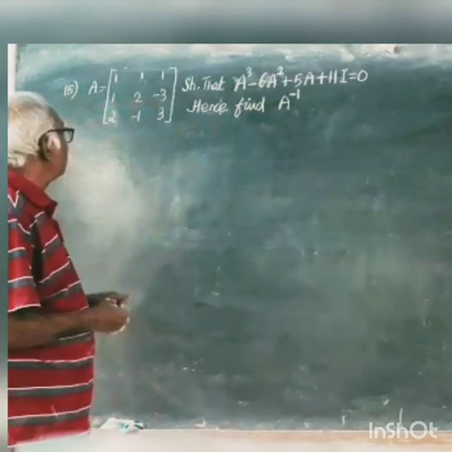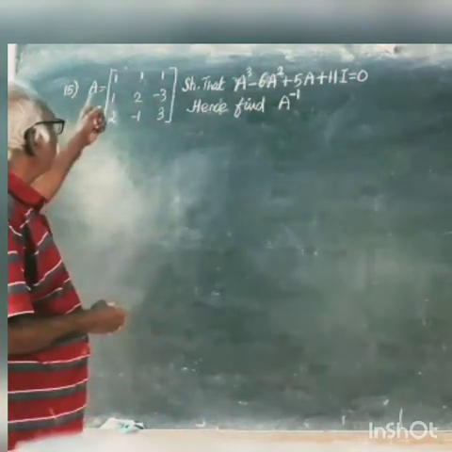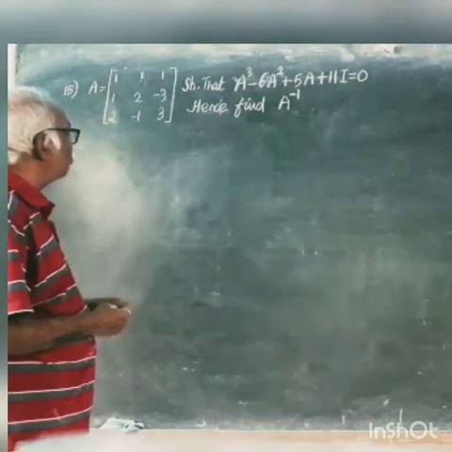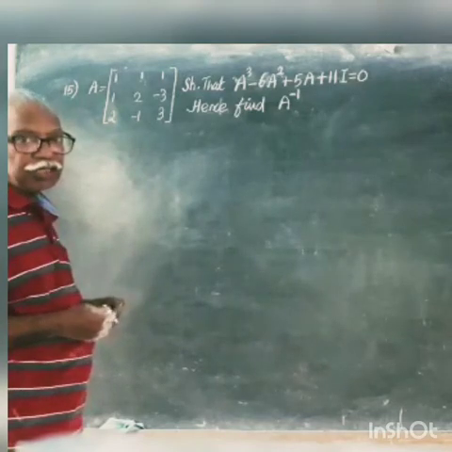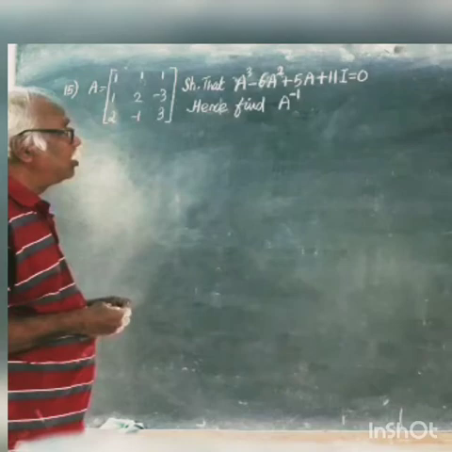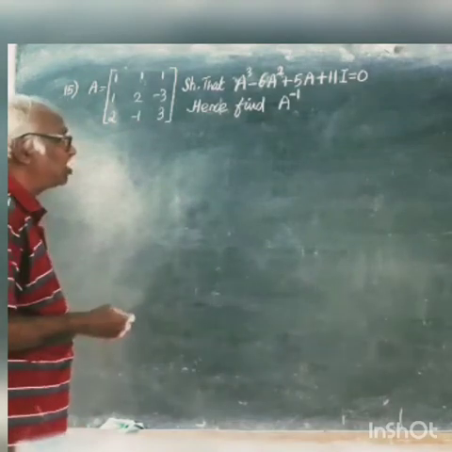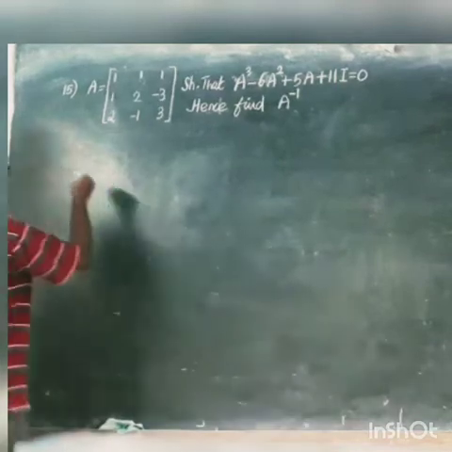Question number 15. A is [1, 1, 1; 1, 2, -3; 2, -1, 3]. Show that A cube minus 6A square plus 5A plus 11I equal to 0, and hence find A inverse. First find A square.